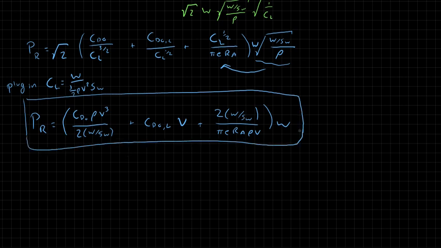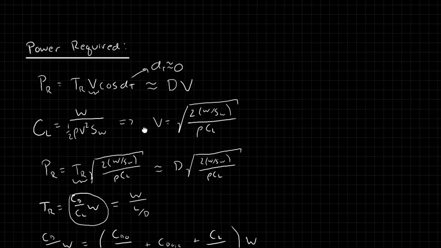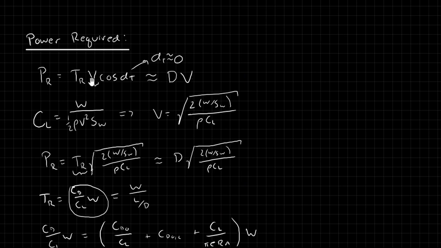Okay, let me just make sure that's correct. Okay, it looks good. All right, so just to recap, we started with the power required and related it to the thrust required, because of course power is a force times a velocity. And this cosine of alpha t came from the fact that sometimes our thrust is offset from the velocity.